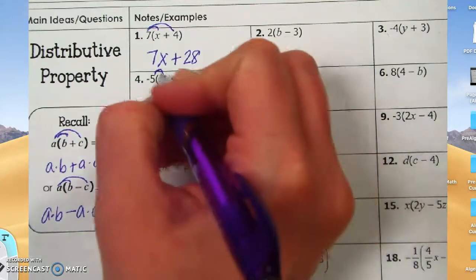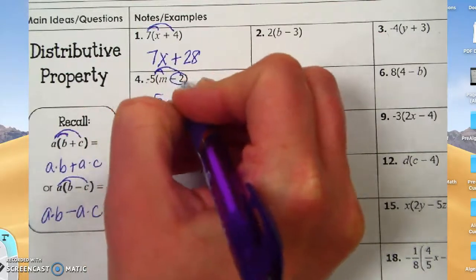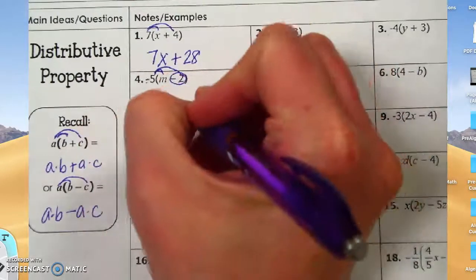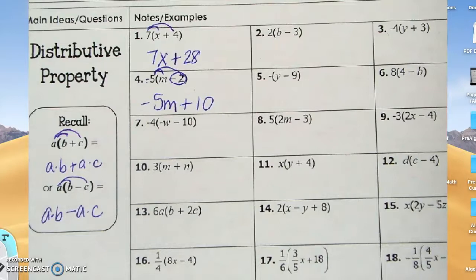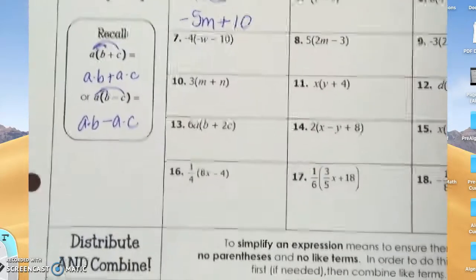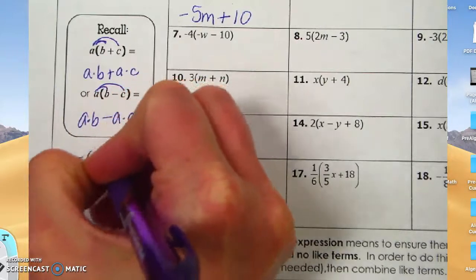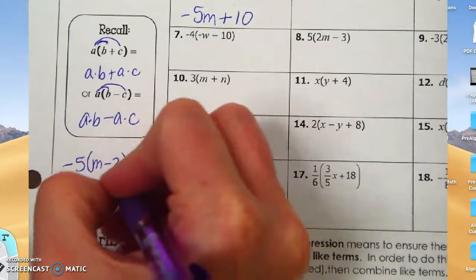Here's where you have to be a little bit careful. We have a negative 5, and you want to see this as a negative 2. So negative 5 times negative 2 is 10, so we write plus 10. Now I'm going to do this again down here so you can see you actually could have done negative 5m minus negative 10.